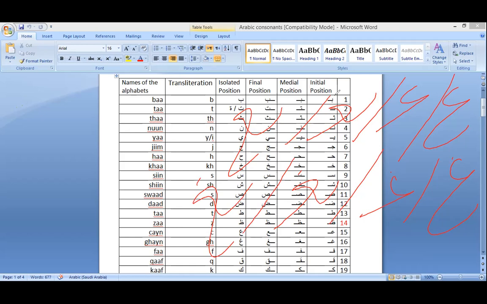So you see, this letter has two shapes. These letters have these two shapes, right? So isolated and initial are just the same. Middle and final is another shape. So these two letters have these two shapes.